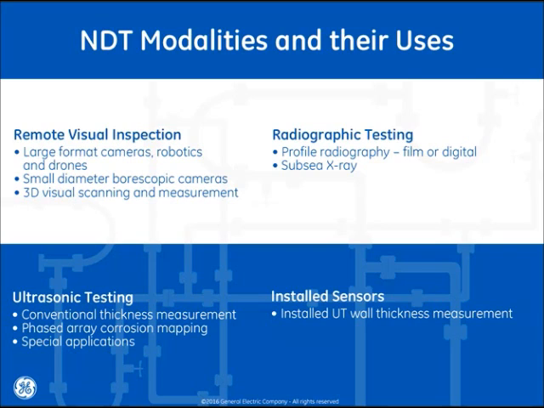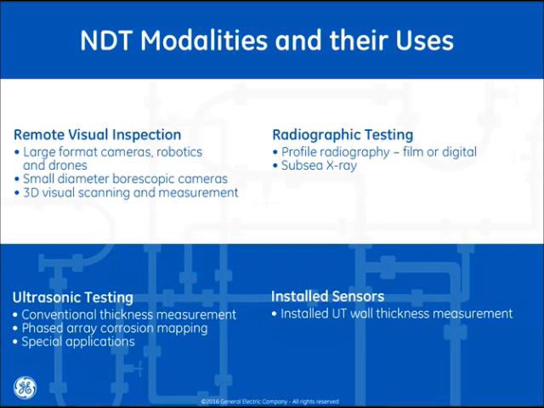Specifically, we will review the inspection capabilities and strengths of 3 field-proven NDT solutions. The first will be remote visual inspection with small diameter borescopes and cameras for 3D visual scanning and measurement. Then we'll move on to profile radiographic wall thickness measurement solutions using either film or other kinds of solutions.